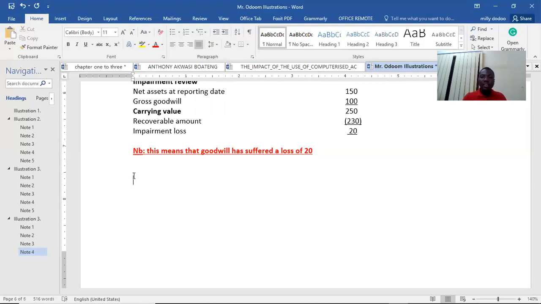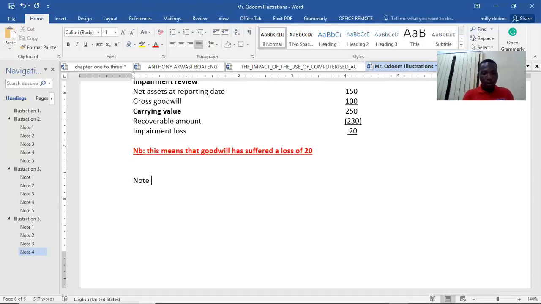Under consolidation, if there is a profit, it is shared in the proportion of the percentage holding, 80-20, like we are saying. Therefore, if there is a loss, it must also be shared in the proportion of the percentage holding, 80-20. That is what it means.